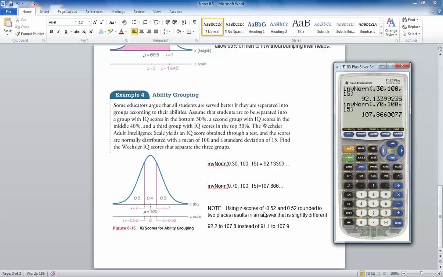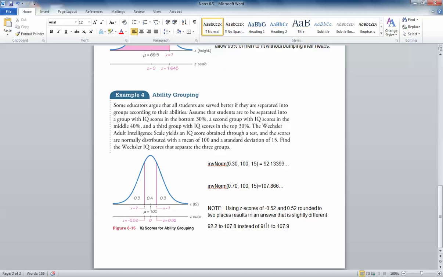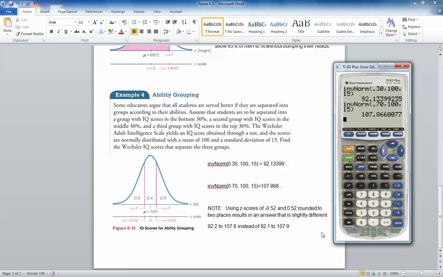If you're using the z-scores rounded to two places, it results in an answer that's slightly different. They get 92.2 to 107.8 instead of what we got, which was 92.1 to 107.9.